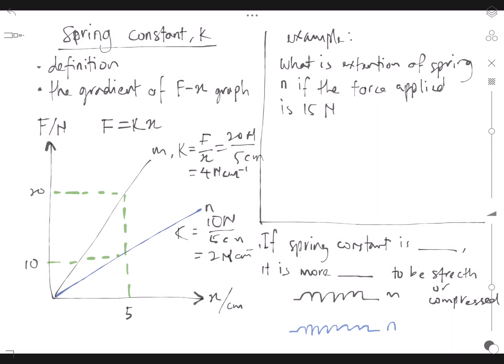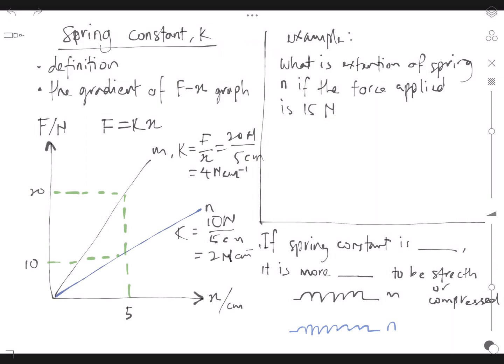So look at the numbers here, 4 and 2. Okay, how do you compare this? From here we understand that spring N requires only 2 Newton to produce 1 centimeter extension.